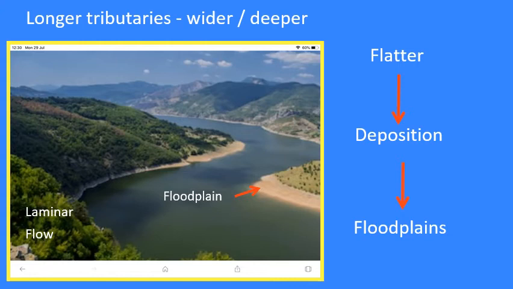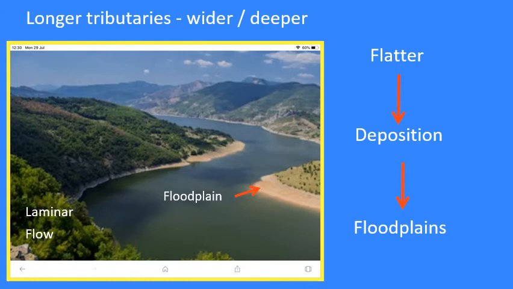Now, floodplains start to develop in the mature stage of the fluvial cycle because the river starts to lay down the sand that it is carrying. If you look, floodplains are the flat, sandy areas that develop on the sides of the river. Those floodplains are made up of material that the river has deposited.